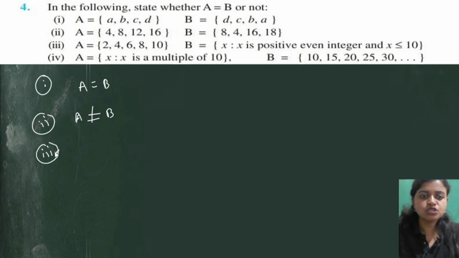Now we'll discuss question number 3. The elements of A are 2, 4, 6, 8, 10 and this one. X is a positive integer.